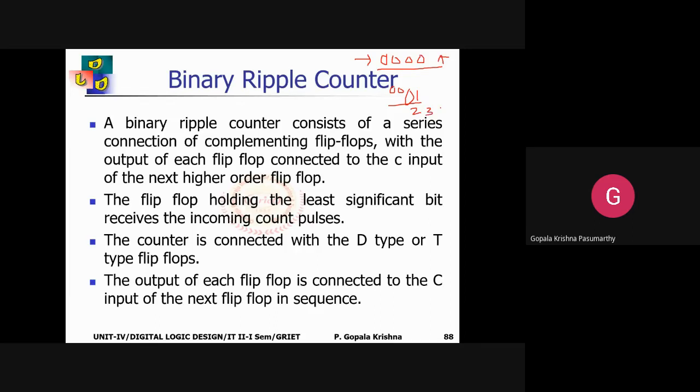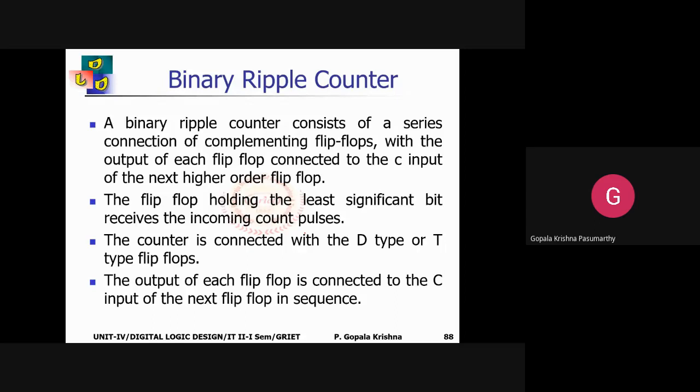And 4 and 5 and 6 and 7, 8, 9, 10, 11, 12, 13, 14, 15. That is, the last, 15, means all ones. And after all ones, if it goes back to 0, 0, 0, 0, then we say it's a counter. So a counter is nothing but a register which moves in a specific sequence.